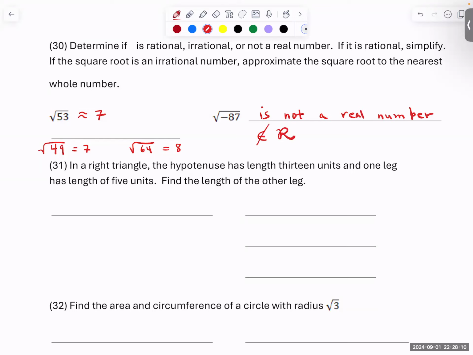31. In a right triangle, the hypotenuse has length 13 units and one leg has length of 5 units. Find the length of the other leg. In a right triangle, 2 legs are mutually perpendicular, forming a right angle. And across from the right angle is the longest side, called the hypotenuse.